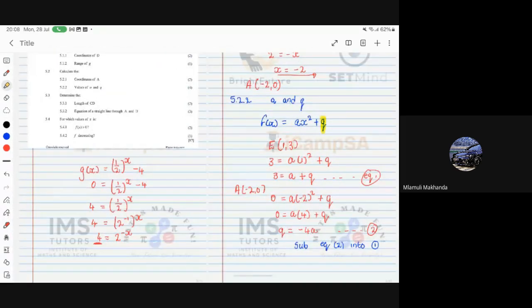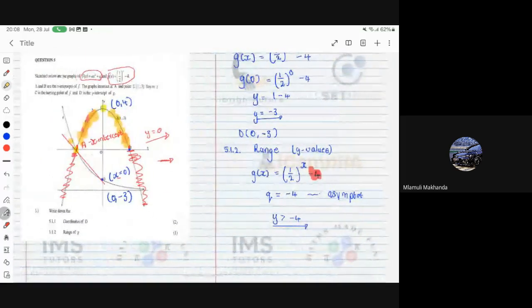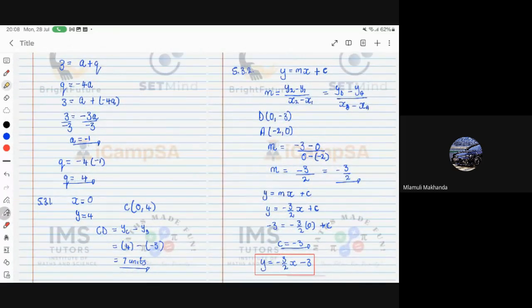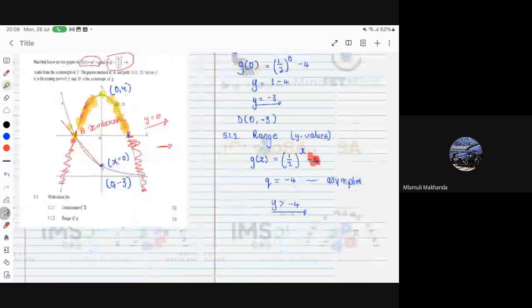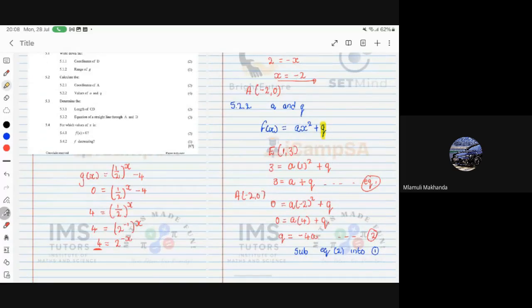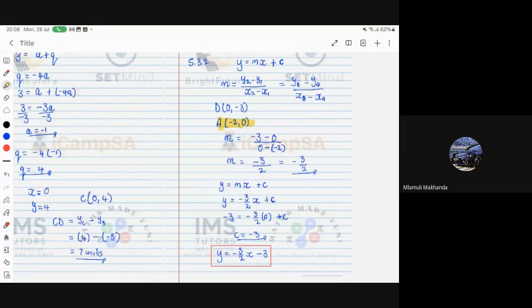Where f at x is greater than 0. Okay, so it's going to be the coordinates of A. What are the coordinates of A? These are the coordinates of A: minus 2 and 0, and then the coordinates of B. I think we should have calculated them somewhere.